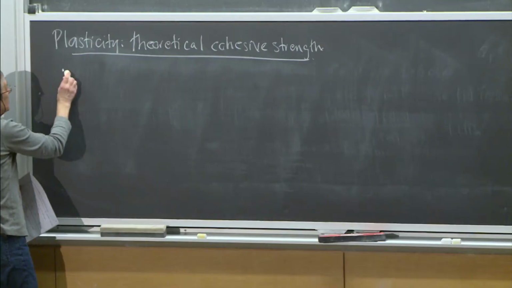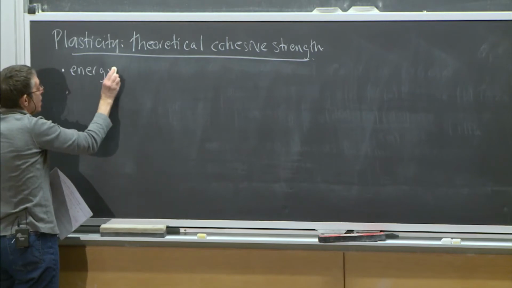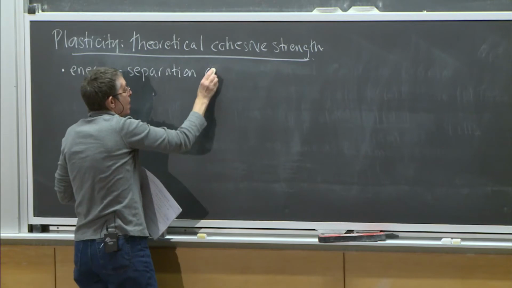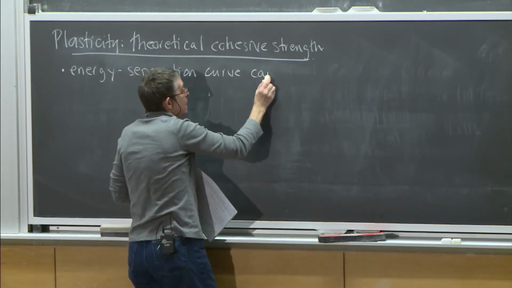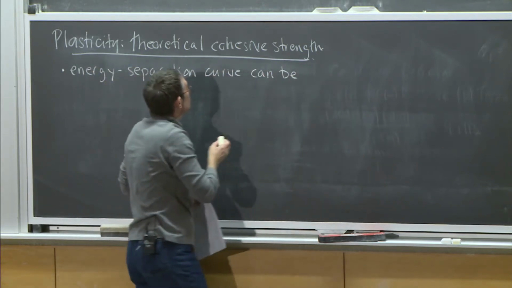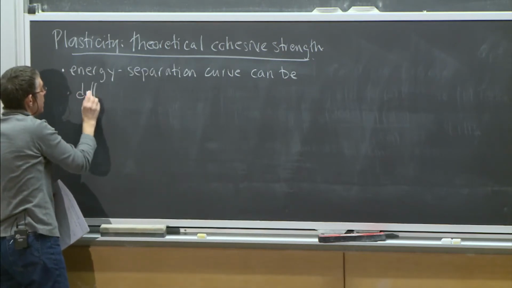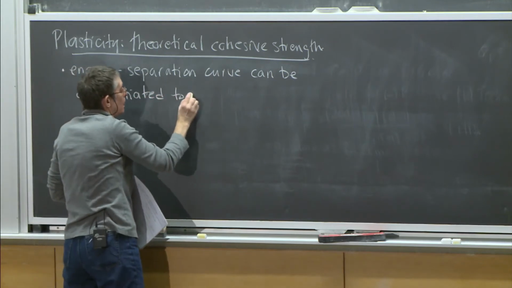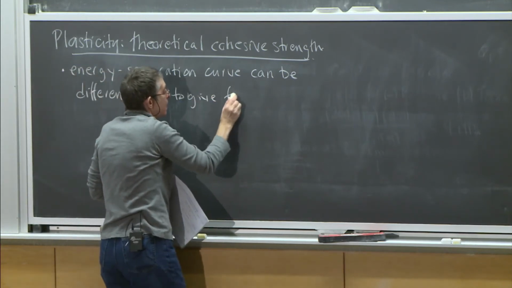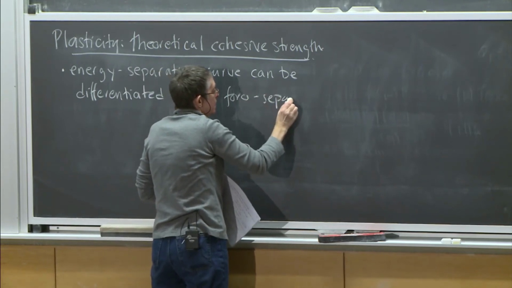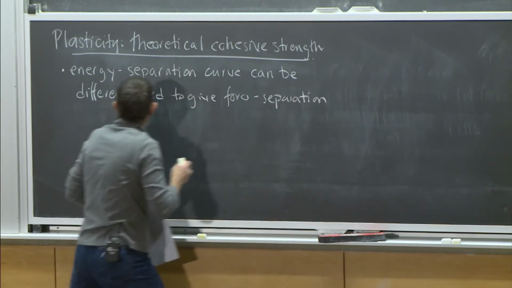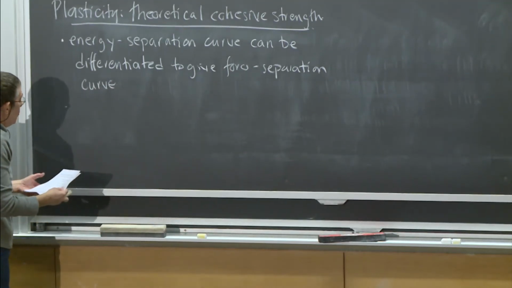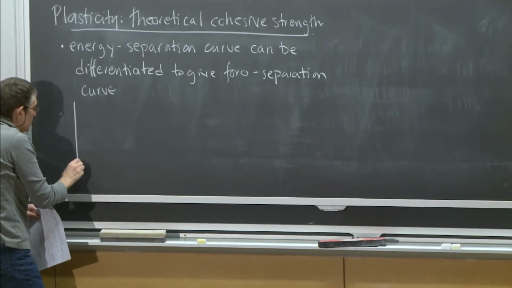So let's say we take the energy separation curve and differentiate it to get a force separation curve. If we do that, we get a curve that has a shape somewhat like this.